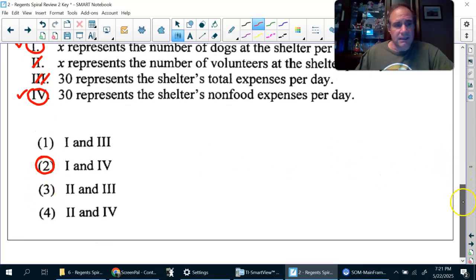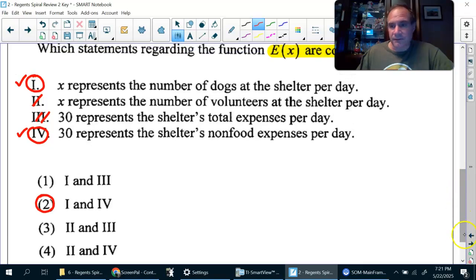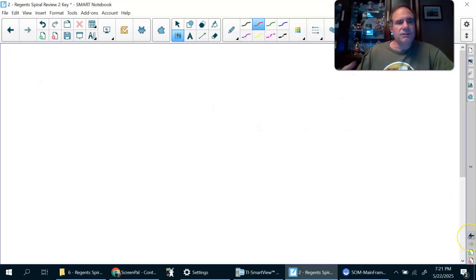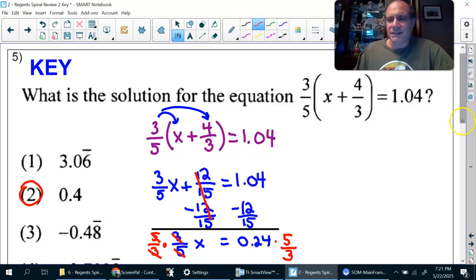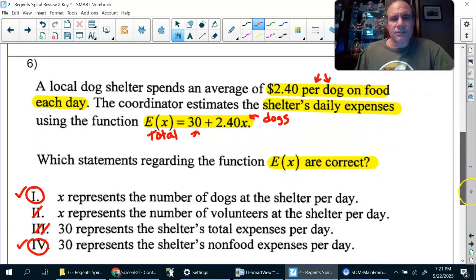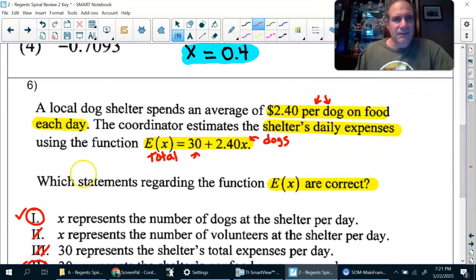And that's it. That's a difficult question only because that second one is a little bit more involved, where they're not telling you what the 30 represents, but they are telling you it's non-food because it says $2.40 on the dog food.